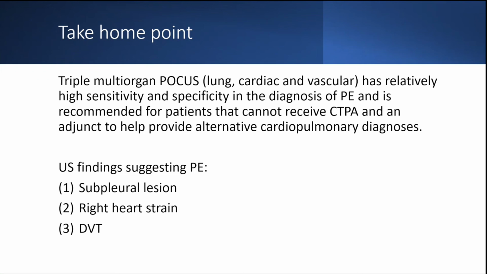For the ultrasound findings suggesting PE in the lung, we can see a subpleural hypoechogenic lesion representing a lung infarct, and for the echo, we can see signs of right heart strain, like the 60/60 sign. All the signs I talked about basically indicate right heart strain, which is commonly seen in PE. And we can also do a lower extremity ultrasound to find DVT.